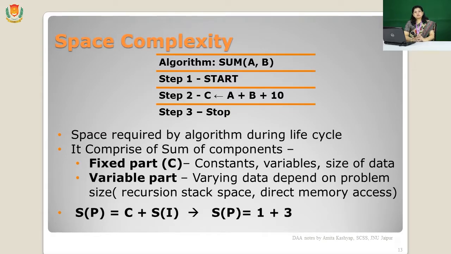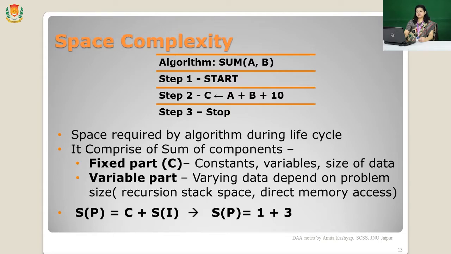If we derive a formula for space complexity, it could be denoted as S(P) = C + I, that is, the fixed part denoted by C, plus the variable part denoted by I. The complexity is the summation of fixed part complexity and variable part complexity.